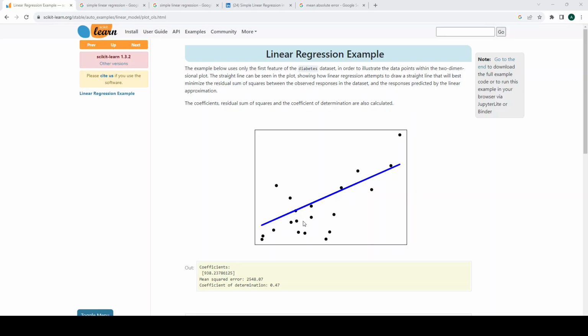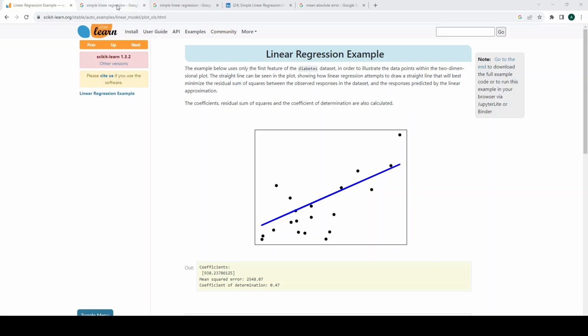So, how does the model determine that this should be the model line, not this line or this line? How does the linear regression determine that this is the best fit line? That is the concept of the ordinary least squares method.